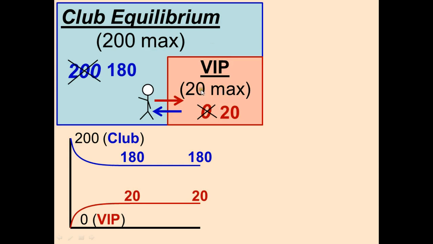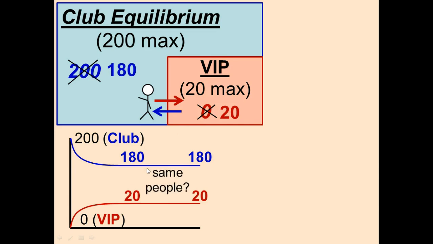So in VIP, there's always 20 people because there's people always waiting to get in and there's people always going out. So this is why, because the rate of going in and out are exactly the same, so going into the VIP and going out of VIP are the same, the number of people in the club and in VIP stay the same. Notice how on this graph it's constant.